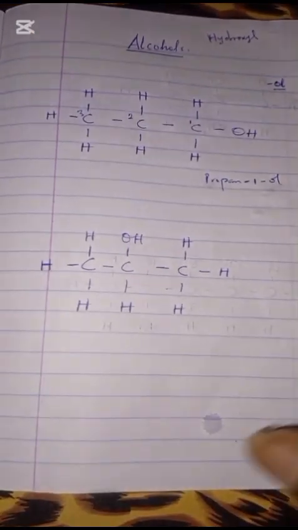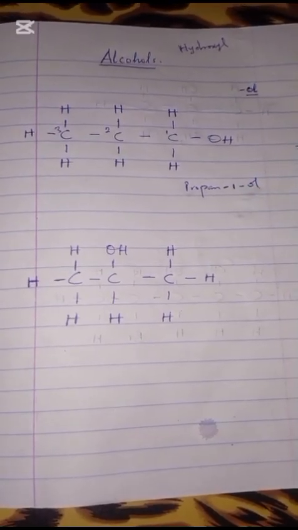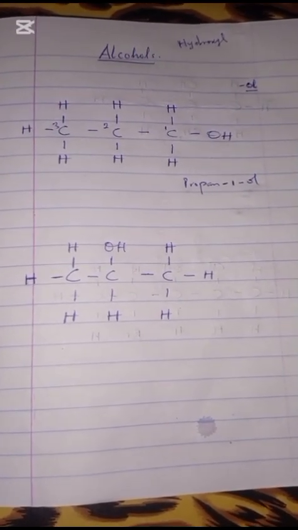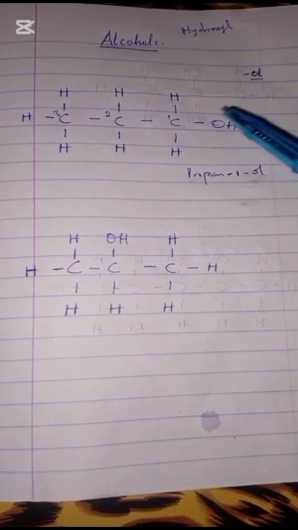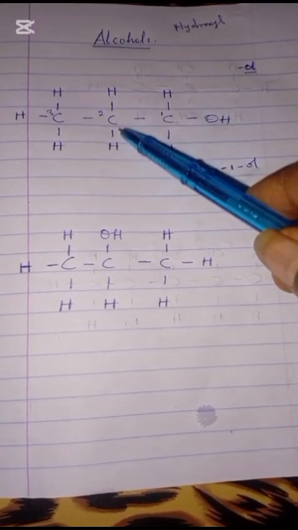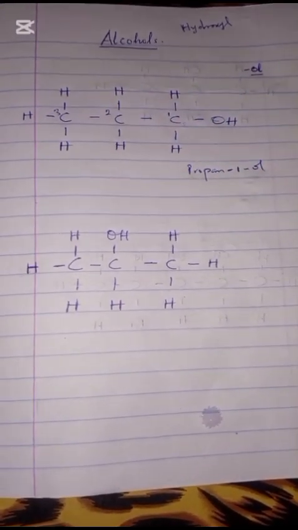Is that clear? This first compound we have named, propan-1-ol, is a primary alcohol because the carbon connected to the hydroxyl group is directly attached to only one carbon. On that note, it is called a primary alcohol.